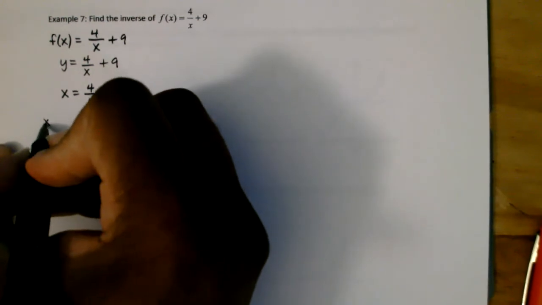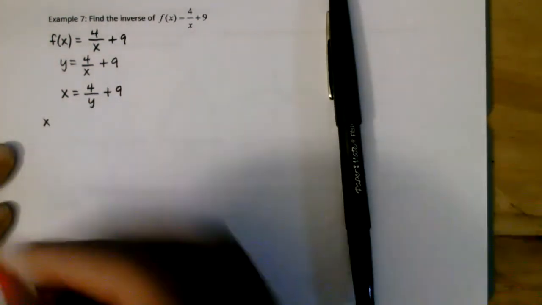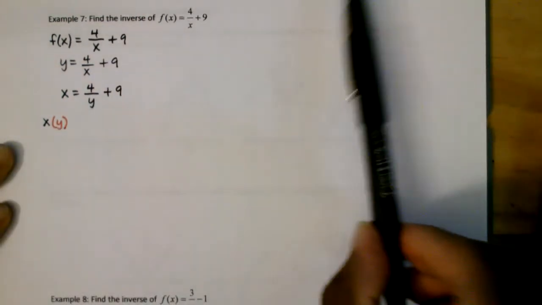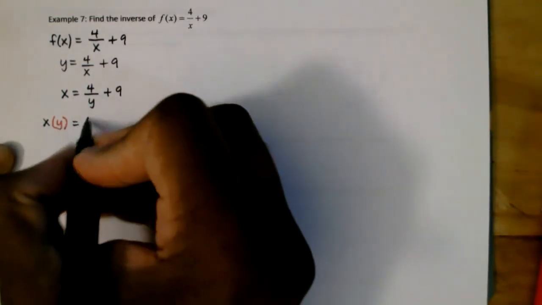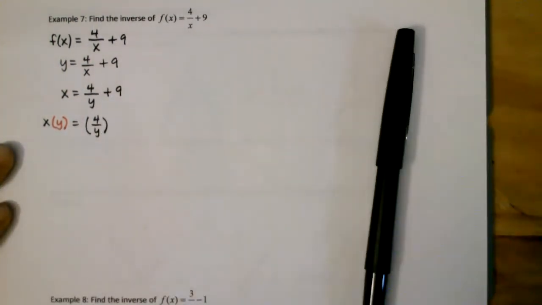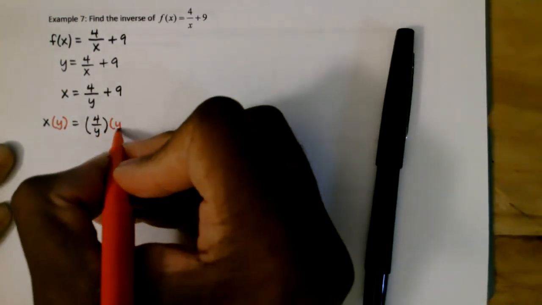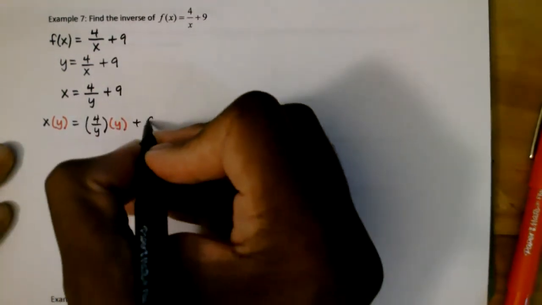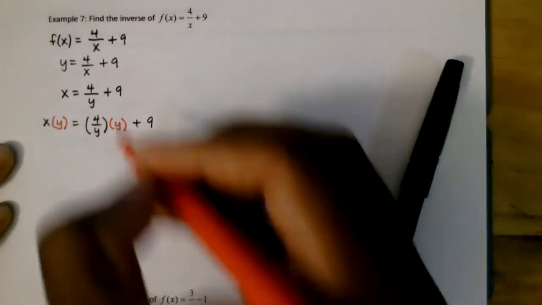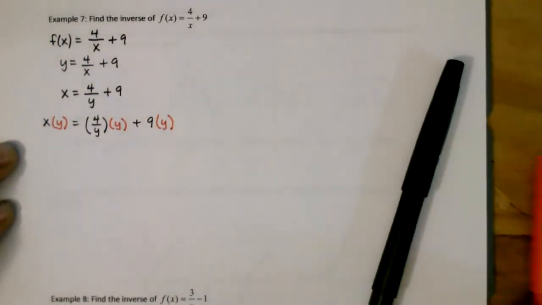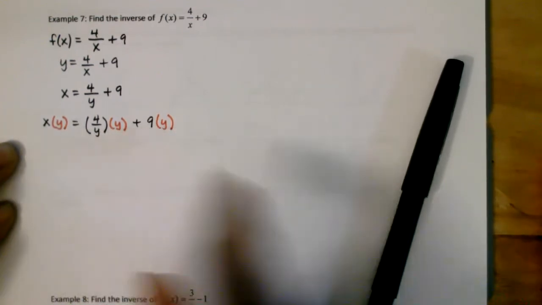So that means this x would be multiplied by y, and the 4 over y would be multiplied by y, and the 9 would be multiplied by y. I'm multiplying each and every term in this equation by y.